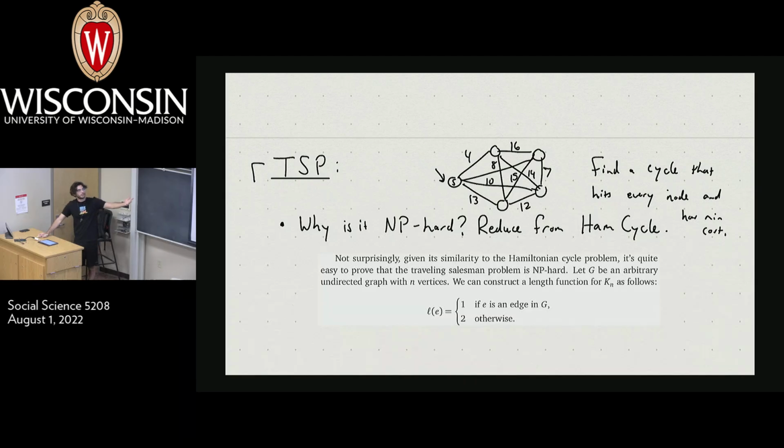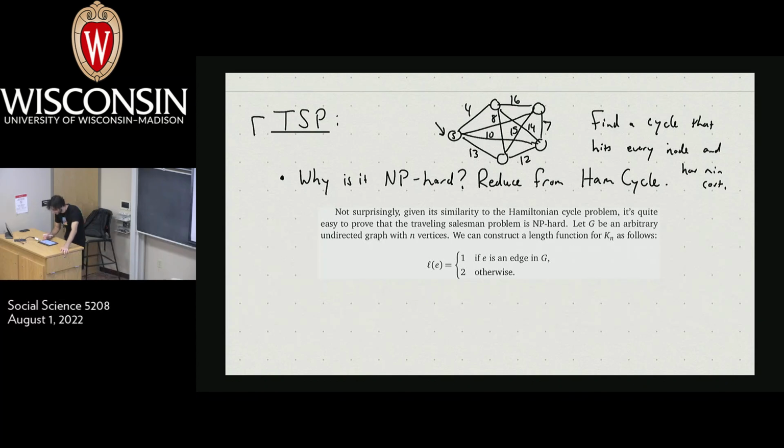So why is this NP hard? Because it's a harder version of a different NP hard problem. Ham cycle, in the book, is just the problem of finding a cycle that hits every node. So just the first requirement is already NP hard, and now we've also made it an optimization problem.